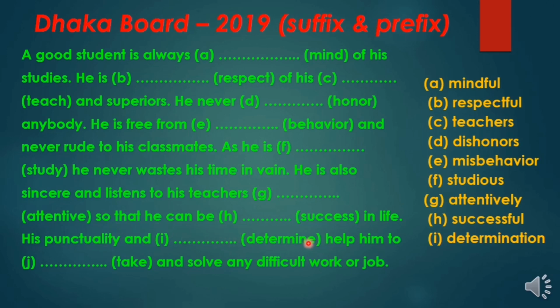So determine has become now determination. Suffix is added here. Help him to undertake and solve any difficult work or job. So students, you can see sometimes we have added suffixes and sometimes we have added prefixes. Like this way, you will have to solve your answer.